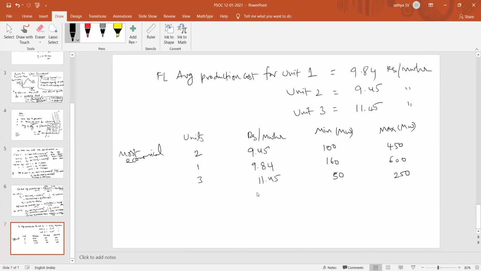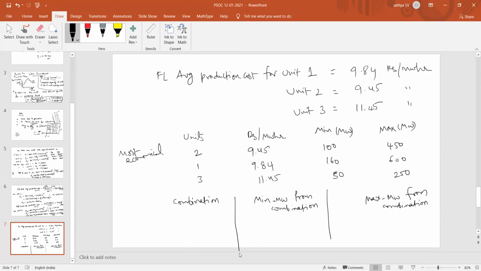You need to take another table with the combination, the minimum megawatt and maximum megawatt from the given combination. This is the scheme of your schedule: which units we need to turn on and which units we need to turn off.